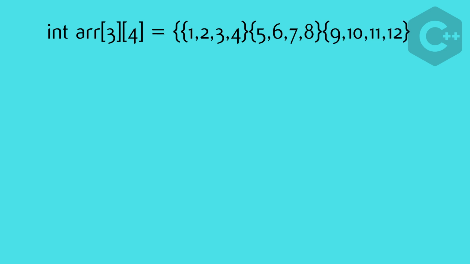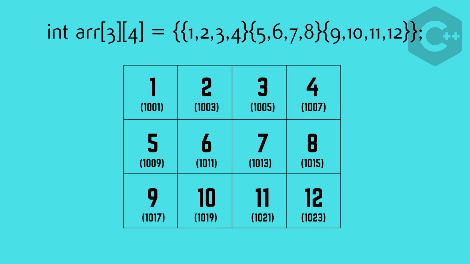Assume this declaration. This is a 2D array and it will look something like this. You can create a pointer which can point to an entire array. For example, if I want a pointer pointing to this 2D array, I can say (*ptr)[4].